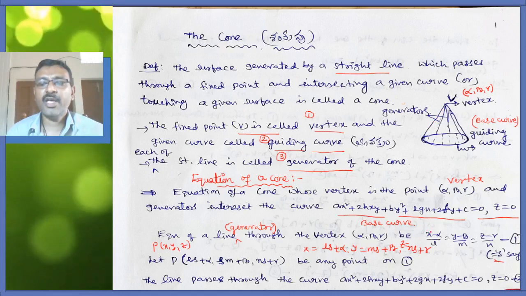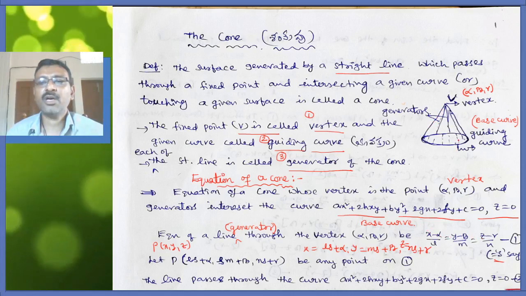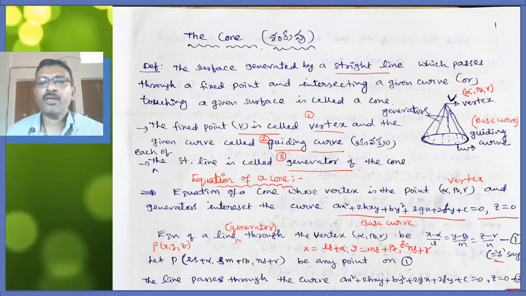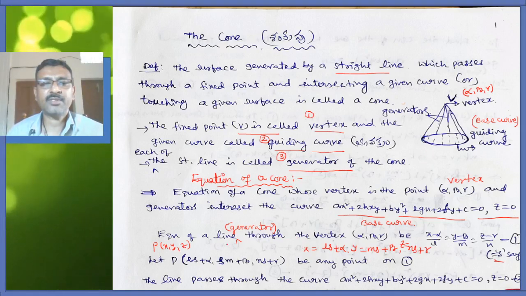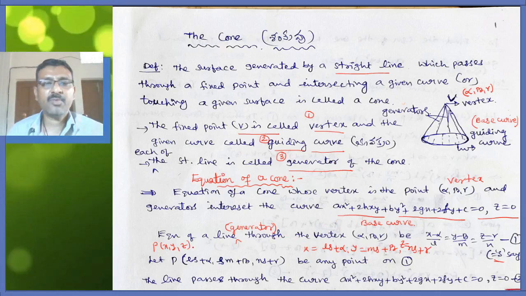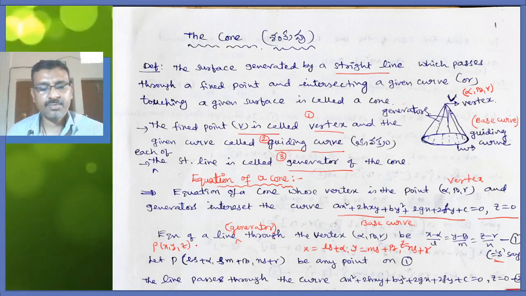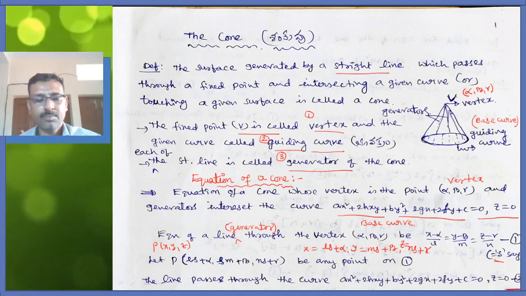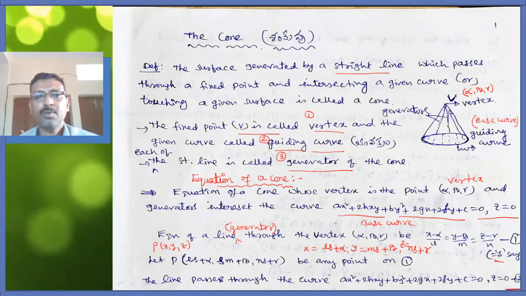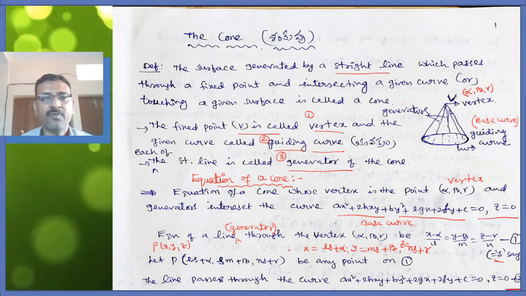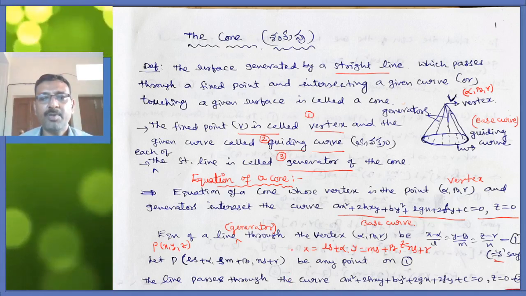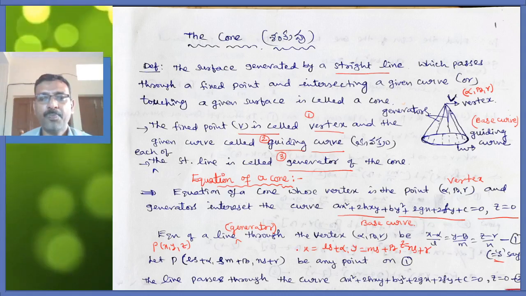So finally x, y, z is a point on the cone. So we are going to find the locus of P(x, y, z). That will be the equation of the cone.